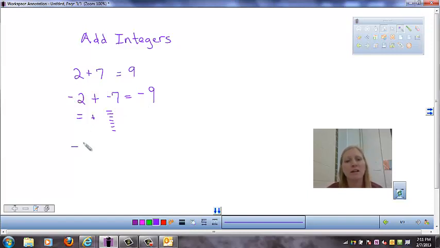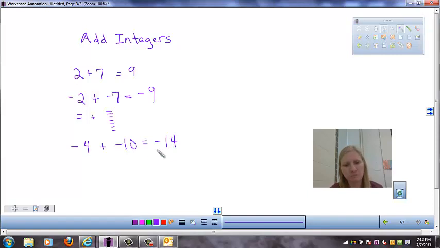So if I have negative 4 plus negative 10, that equals negative 14, because it's just like adding normal numbers, 2 plus 7 or 4 plus 10. So 4 plus 10 is 14, and negative 4 plus negative 10 is negative 14.